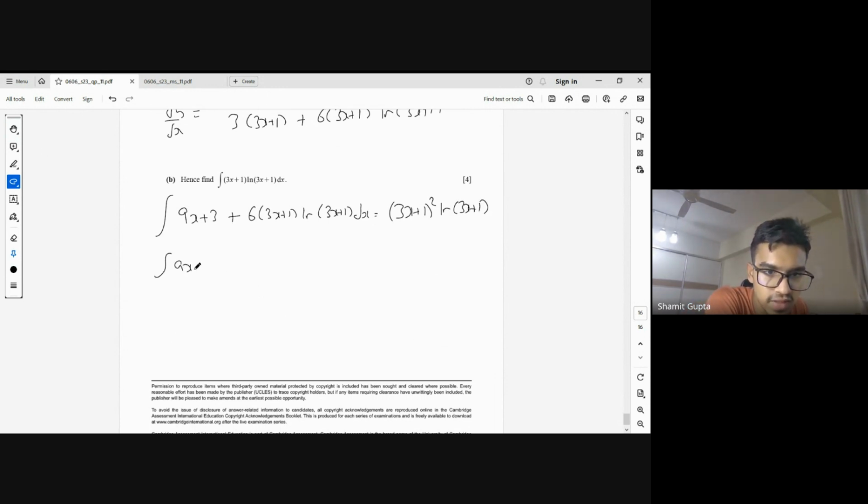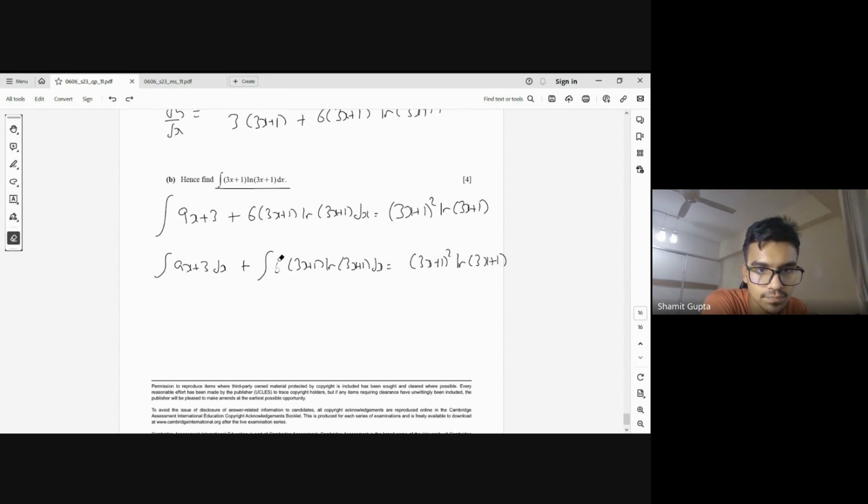Integral of (9x + 3) dx plus integration of 6(3x + 1) ln(3x + 1) dx equals (3x + 1)^2 ln(3x + 1). This is what we want. This is what we have somewhere here already. We can bring the 6 out like this.